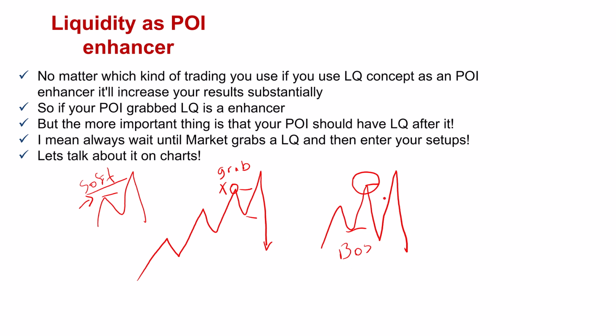So when we are talking about the liquidity concept, we are talking about these kinds of things. We are talking about sessions liquidity, old highs and lows of daily, weekly, 4-hour structure, the structures that break another structure. Those kinds of liquidity are the real liquidity, or manipulation boxes.